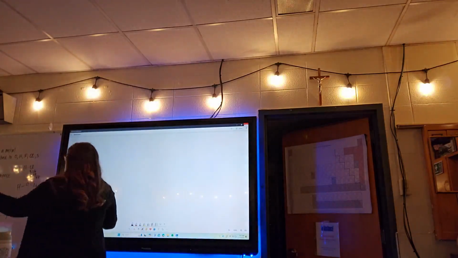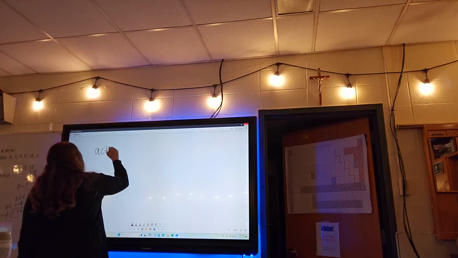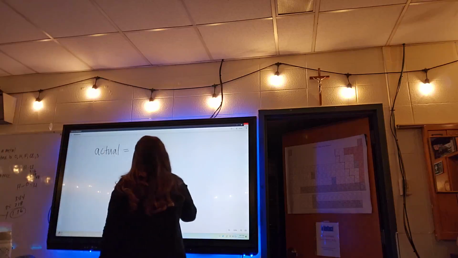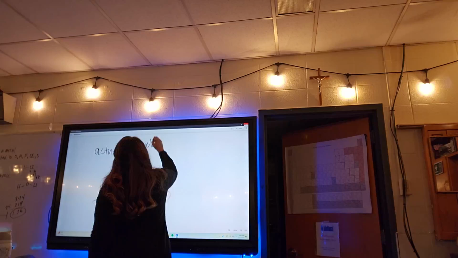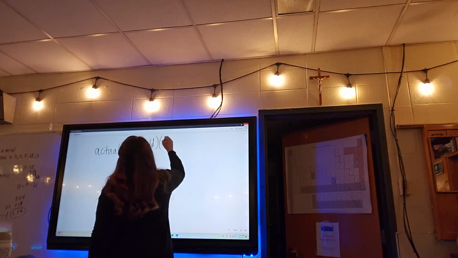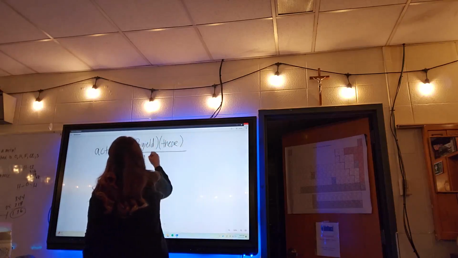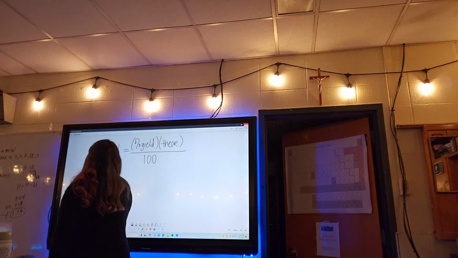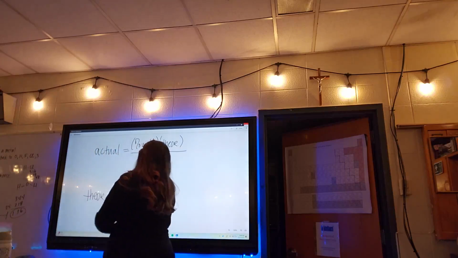So you have the first one, that's the original. Actual yield can be calculated in this way. You will do your percent yield times your theoretical yield and divide that by 100. And then if you need to solve for the theoretical yield, that will be, whoa. We should write this on a green sheet, right? I would, yes.